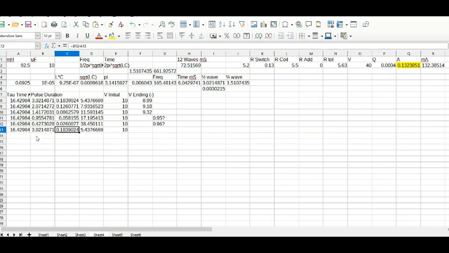Now, the explanation for that would take a little time to go into, but in a nutshell, with the shorter and shorter pulse in comparison to the tau time, you make more and more efficient use of your coulombs of charge.